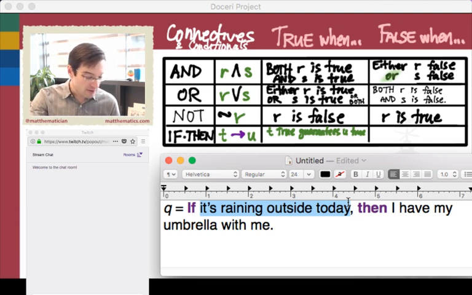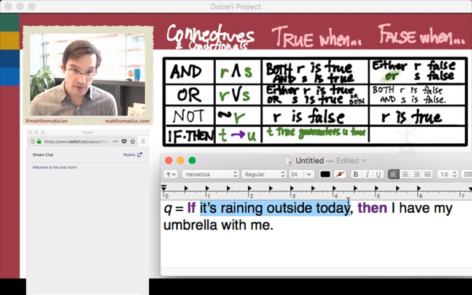We have to say, what happens to the cases in which T is false? Are we going to call this implication true, or are we going to call this implication false? And because those cases are not ever going to be enough for us to falsify this proposition, we decide together that under those circumstances, this proposition is true.